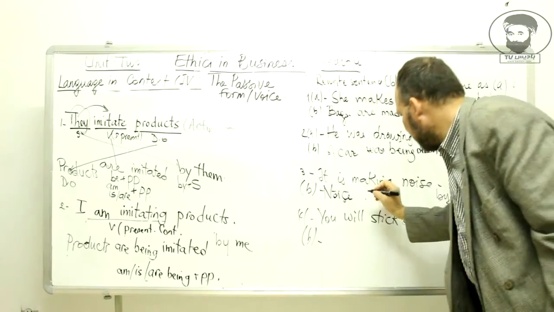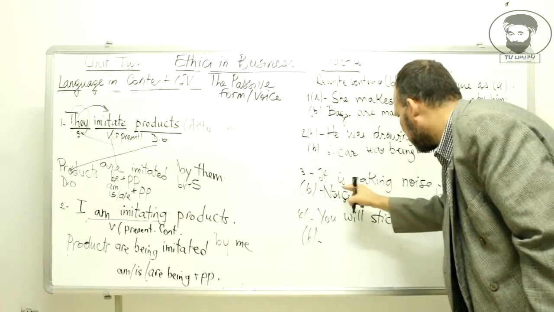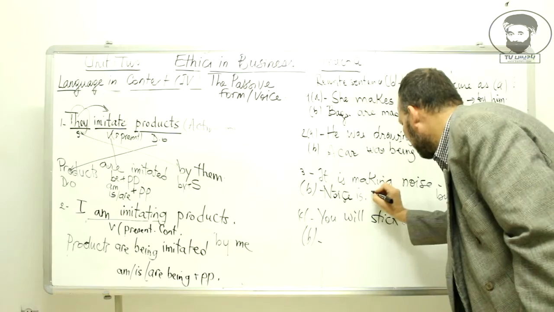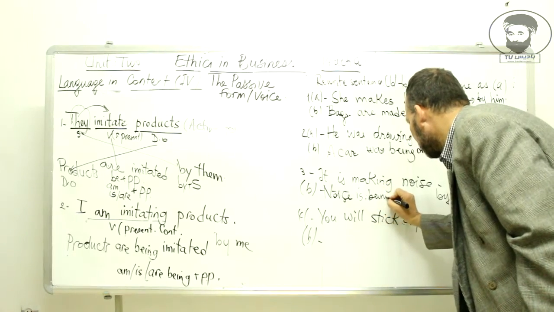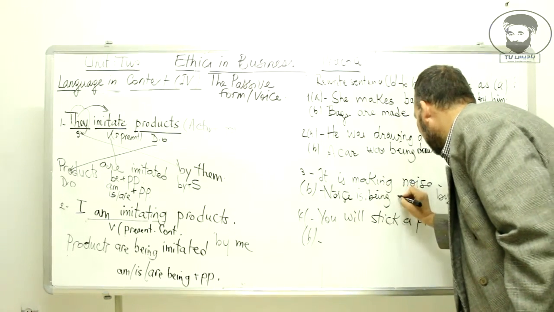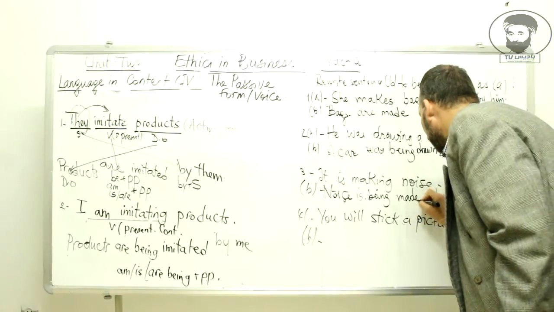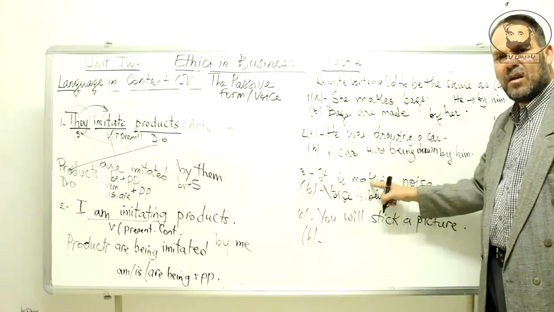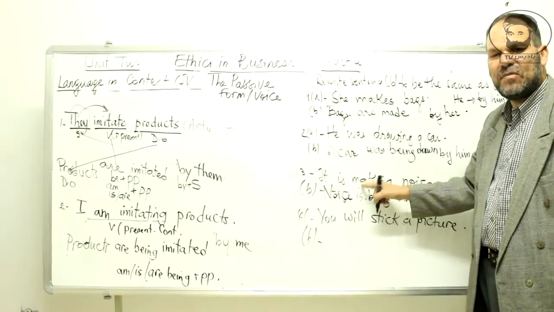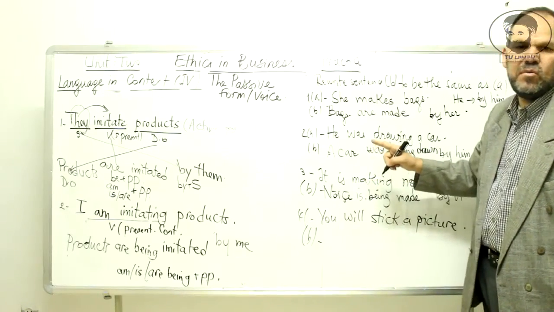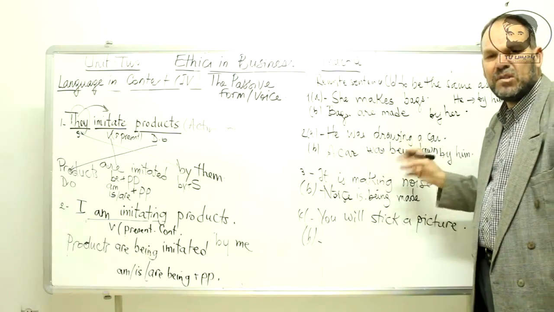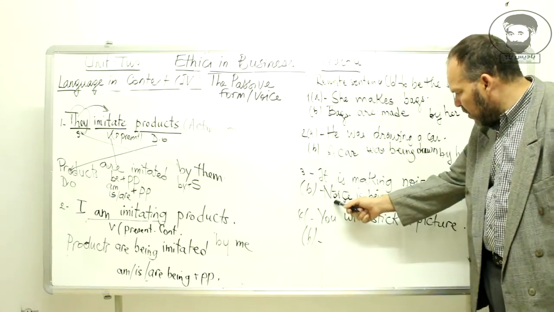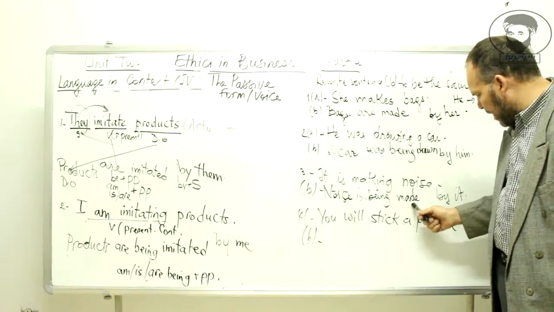So noise is, because it's present, being made. To make, made, made. To do, did, done. To see, saw, seen. To find, found, found. To freeze, froze, frozen. So, noise is being made by it.